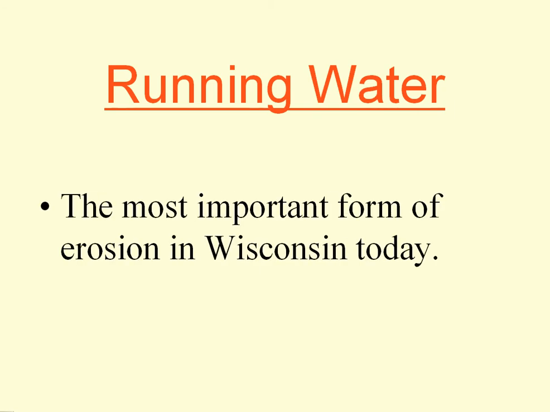We don't have the steep cliffs and tall mountains to get a lot of gravity causing erosion. And wind, we'll have some every once in a while, but running water is really what's going to form a lot of our features today. So running water is the most important form of erosion in Wisconsin today.